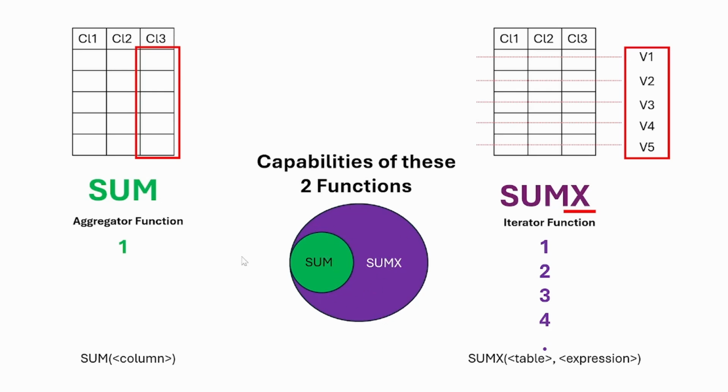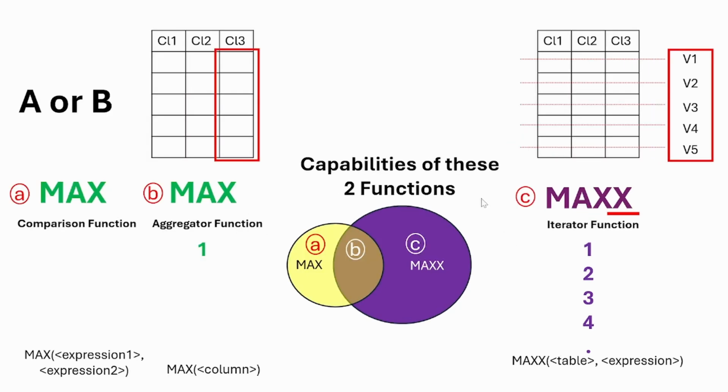Now, in case of MAXX and MINX, this diagram is a tad different. Let me explain. The capabilities of the functions MAX and MAXX are shown in the diagram over here. With the MAX DAX function, we can determine the maximum value of a column, or we can compare two scalar values or two expressions and find the maximum value between the two.